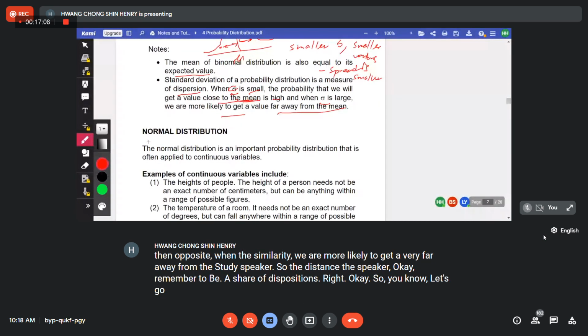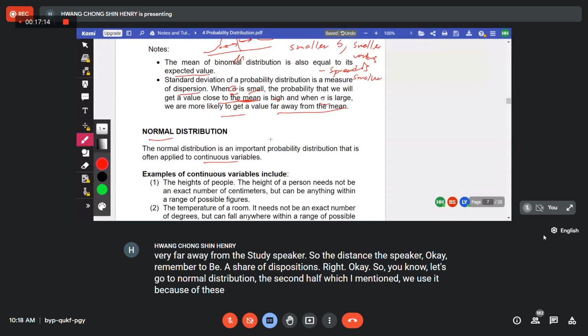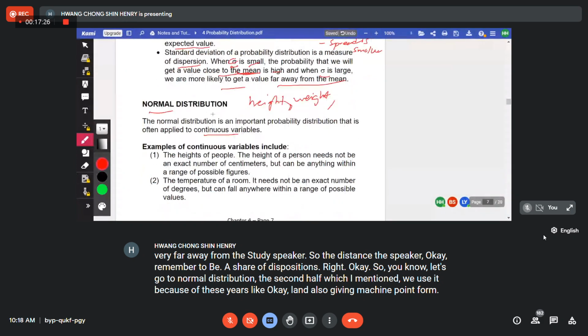Let's go to the normal distribution, the second type I mentioned. We use it because the variable is continuous, like height, weight, length. All of these can be measured in decimal form. The height of a person does not have to be exact.